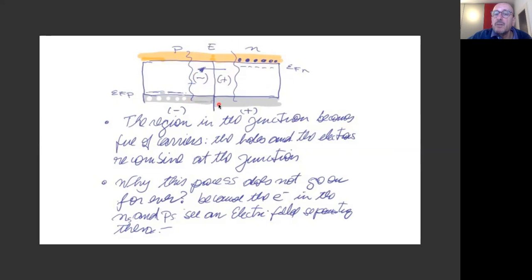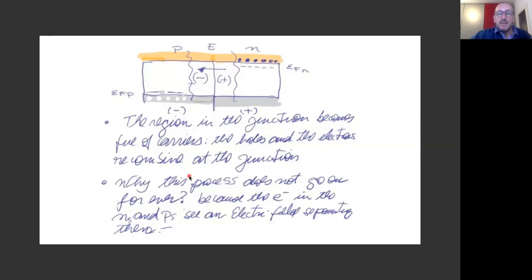When will the process be finished? The process will be finished when the height of the barrier that the electrons have to go through is equivalent to the energy released by the recombination of an electron and a hole.